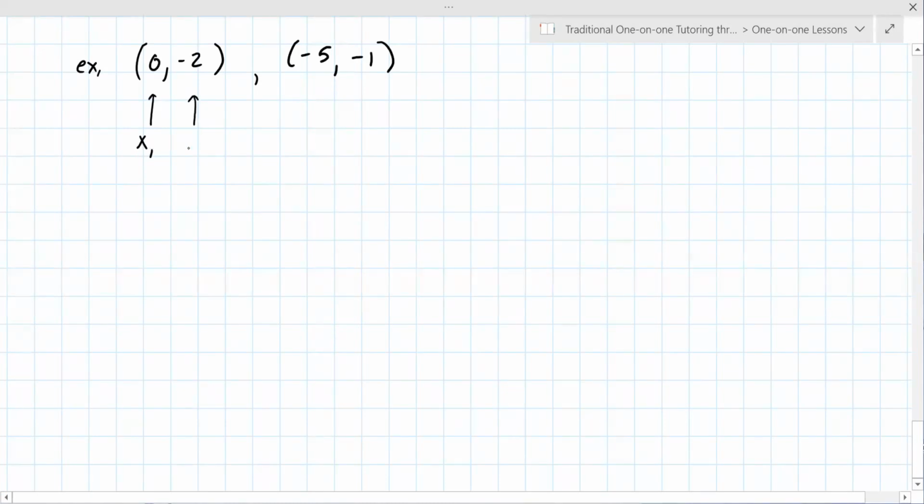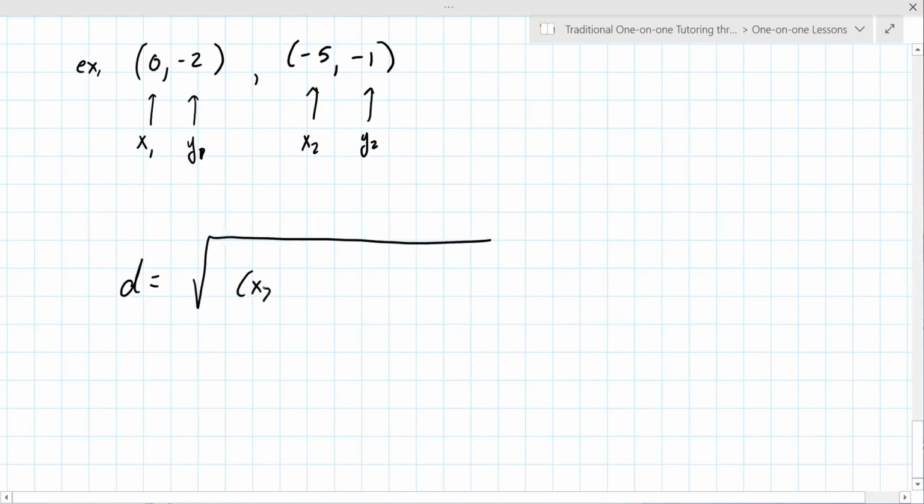The second one is called Y sub 1. It's like we learned last time for algebra. Yes, and it continues through geometry. So your distance formula is the square root of x2 minus x1 squared plus y2 minus y1 squared.